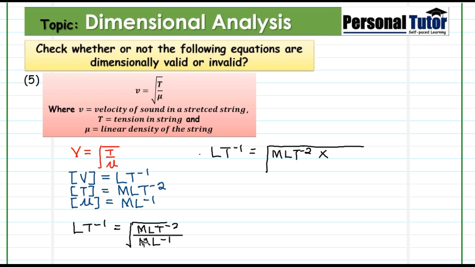So M travels up. The power was positive 1 down. It will go to become negative 1. The L is negative 1. It will become positive 1. That's why I said negated. When you negate a negative, it's positive. When you negate a positive, it is negative. That will be L T exponent minus 1 equal to the square root of. Now M by M carries a positive 1.